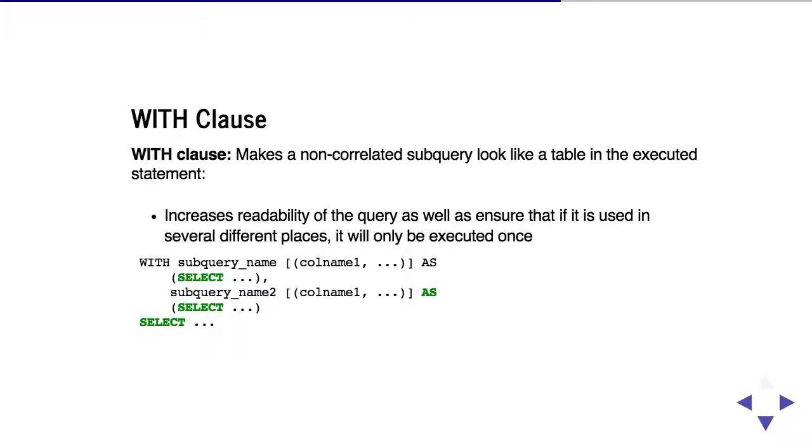We have the option of naming our columns. That's why the square brackets are there, to say this is optional. Then we have AS, and in round brackets we have our subquery. If we want to do several, after that subquery we add a comma and do another subquery the same way. After everything, without that comma, we can do our regular executed statement.